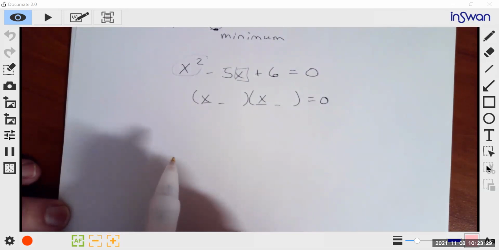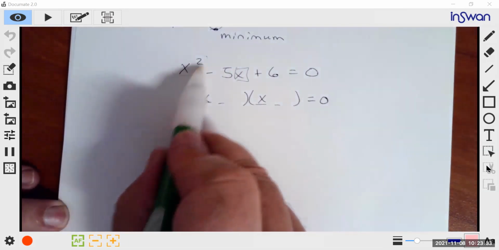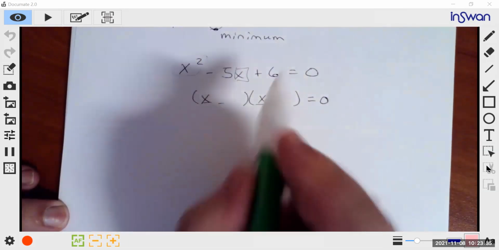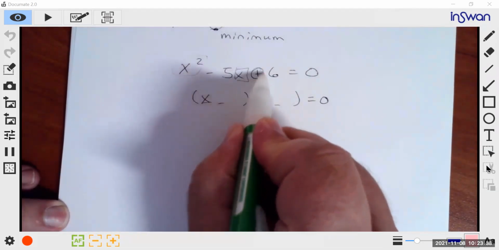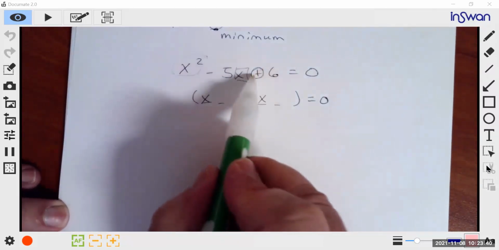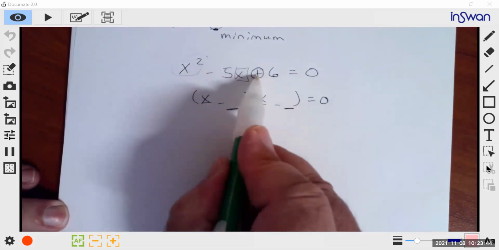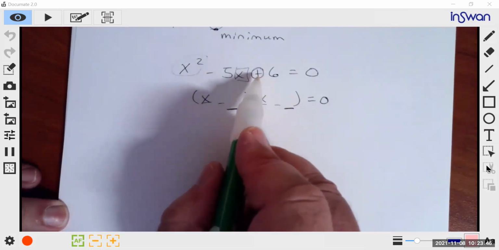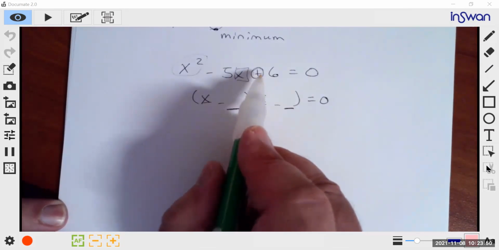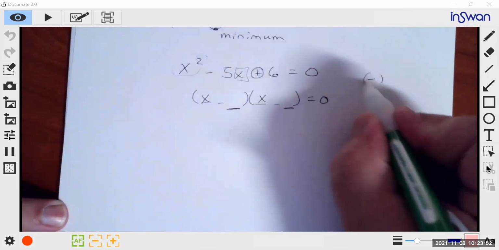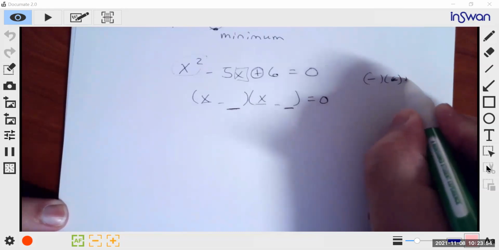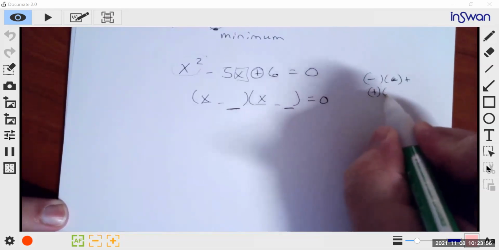Nope. So first off, look at the first term. For the signs, you look at the second sign. The only way that this number times this number can equal positive is if they're both the same signs. Because negative times negative is positive, and so is positive times positive.